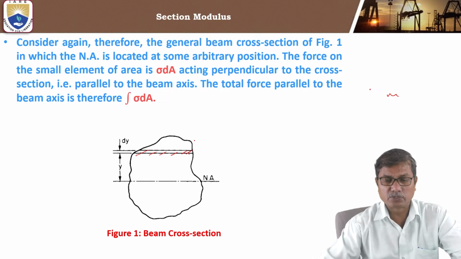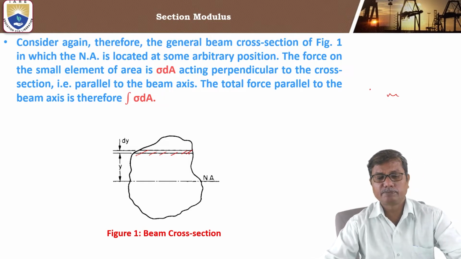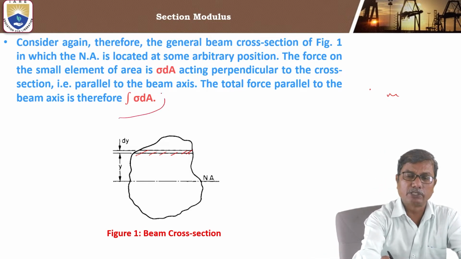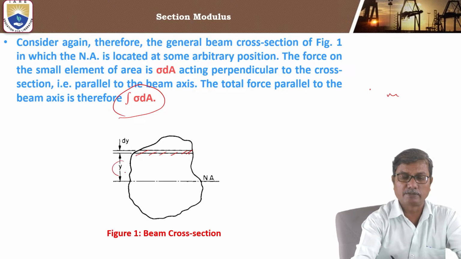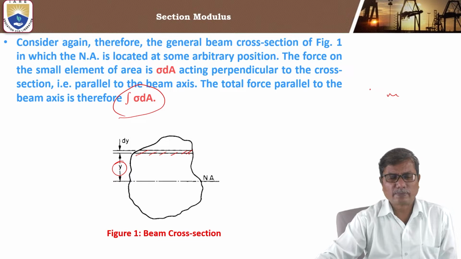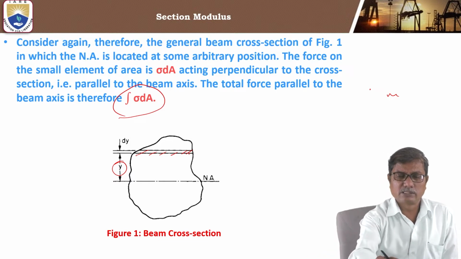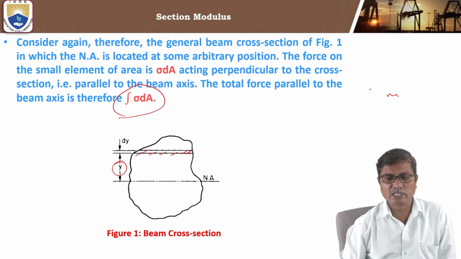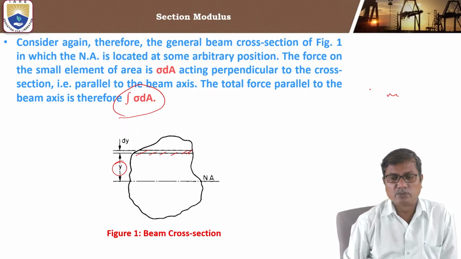The total force is obtained by integrating this between the limits of y. By integrating this between the limits of y, we will get the total force parallel to the axis of the beam.